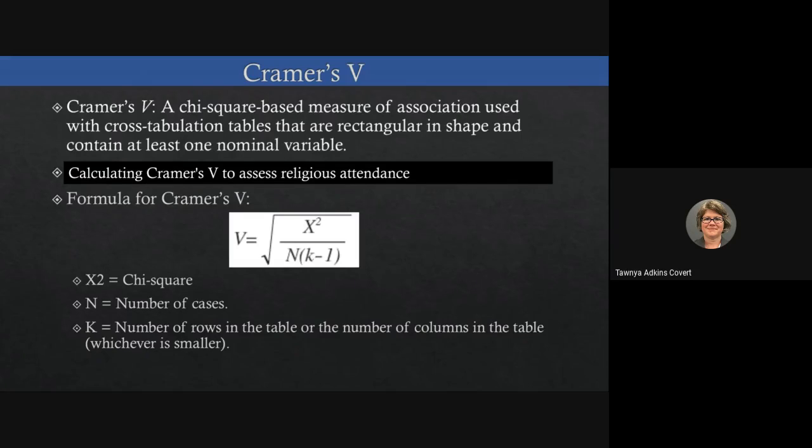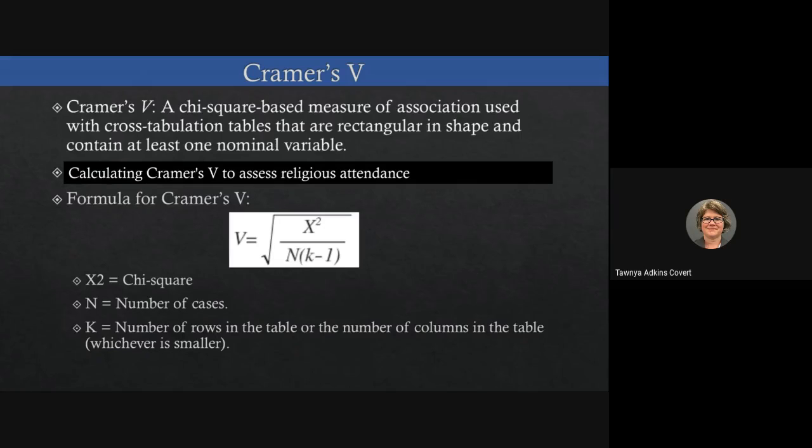Cramer's V allows us to do crosstabs when we have rectangles, which means that we have either more columns than rows or more rows than columns. So when you have an asymmetrical independent and dependent variable in terms of the number of categories, Cramer's V is that additional statistic that we would run to bolster chi-square.